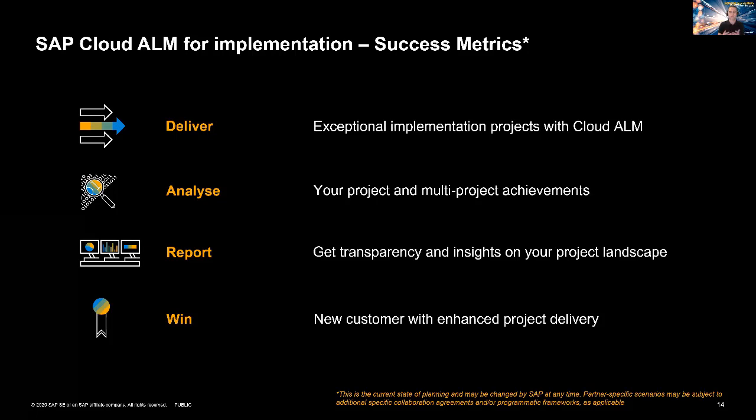We want to give you the ability to identify, for example, very successful projects, so that you understand why those projects are so successful and can use this knowledge to improve your future projects. But we also want to give you the possibility to identify projects at risk as early as possible, because it's our common goal to avoid any customer escalation in an implementation project.